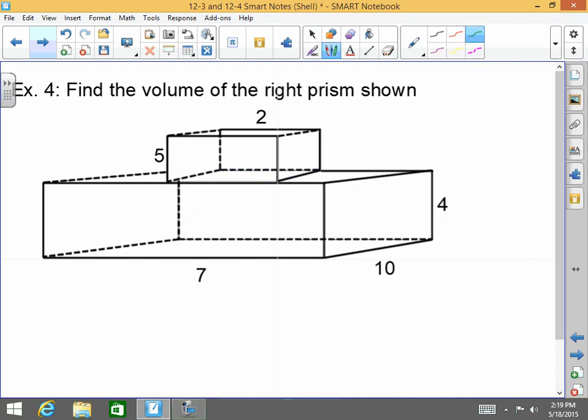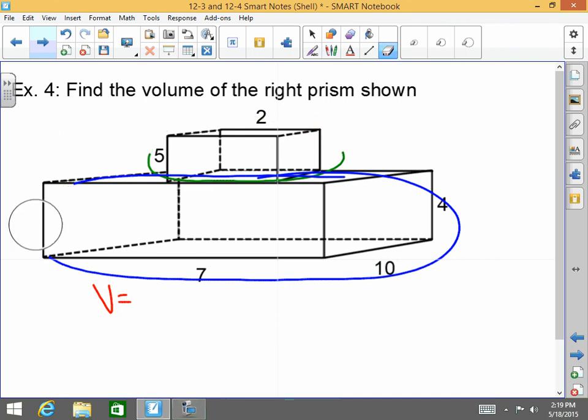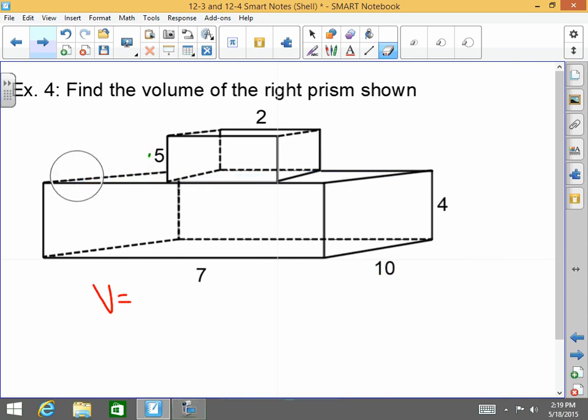So let's find the volume of this guy here and then add it to the volume of this guy right here. It's that simple. So my volume here would be base area times height.